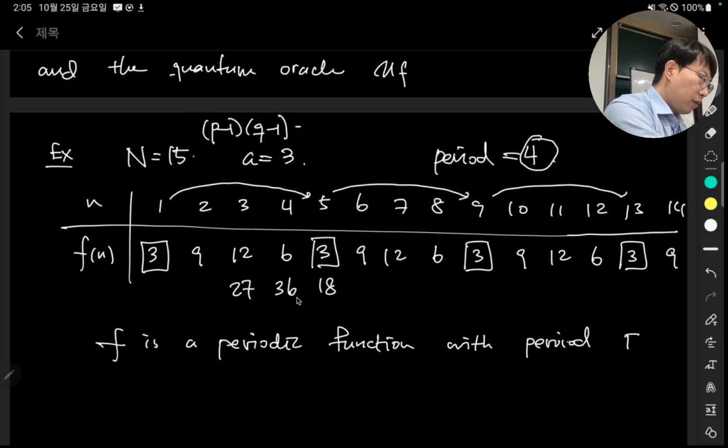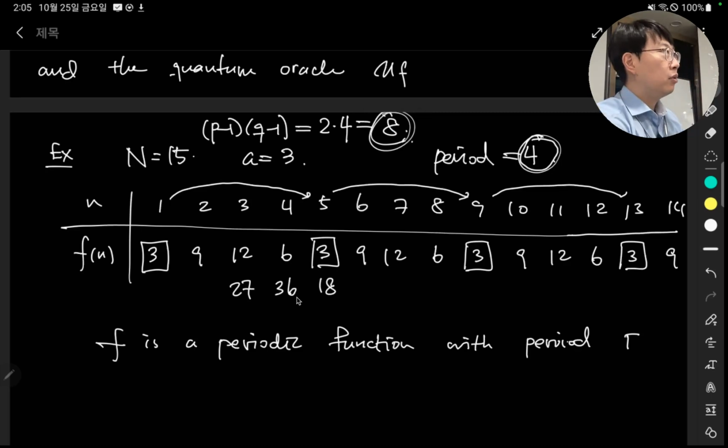Here p is 3, so it's 2, q is 5, so it's 4, so it's 8. And 4 is a divisor of 8, and it's not a coincidence. Whatever you get as a period, it must divide p minus 1 times q minus 1.